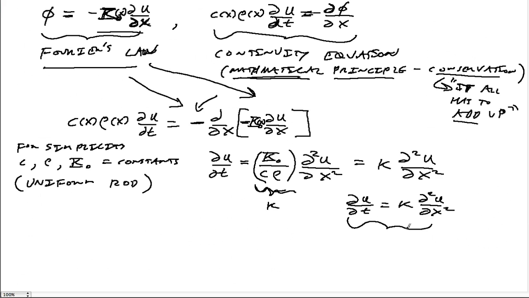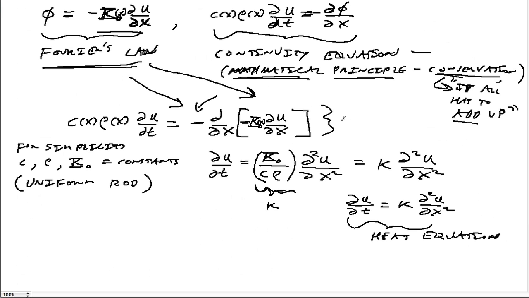We call this the heat equation. Again, it is a combination of a physical law that we assert and an accounting principle or a conservation principle, that comes from basic principles that everything has to add up, that nothing disappears. Okay, so that creates the heat equation.